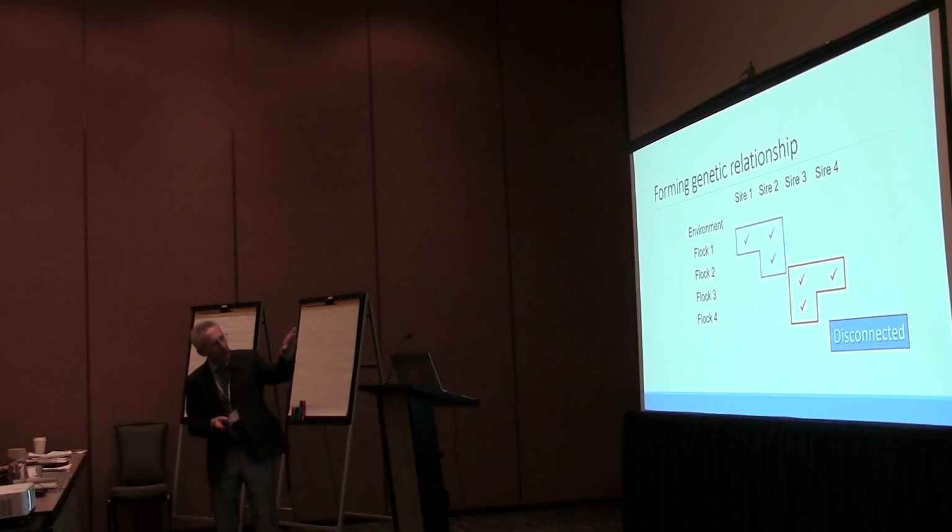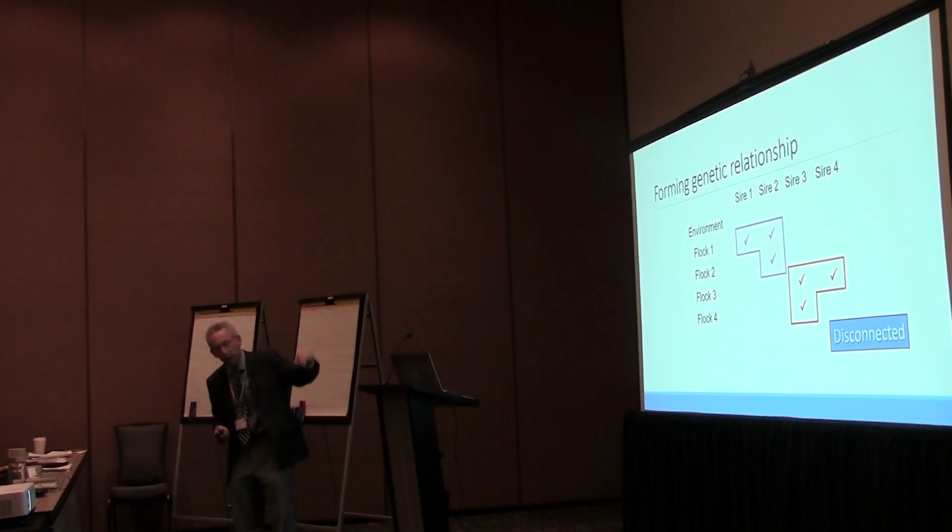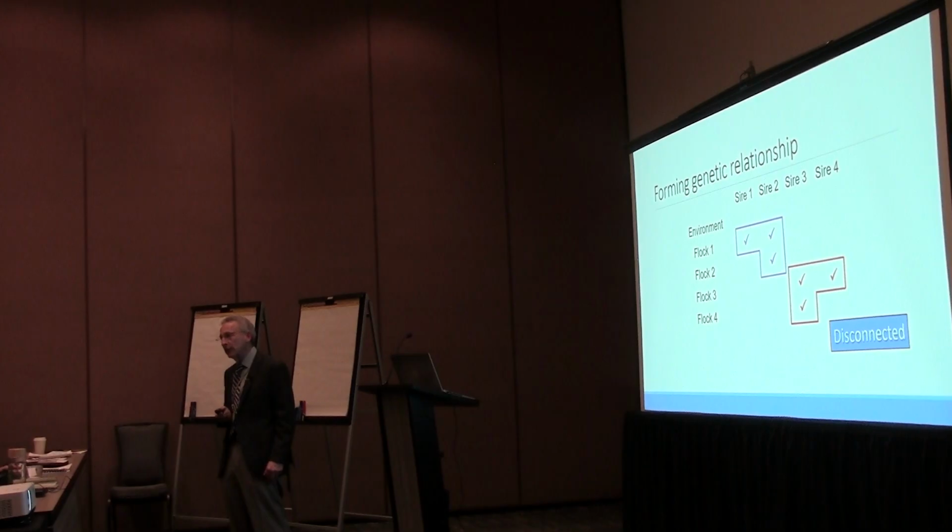So if it turns out that a pair of sires happen to fall into a pair of flocks that don't perform as well environmentally, their phenotypes are going to be worse, no fault necessarily to them genetically, than perhaps a pair of sires that are in a more highly managed or a stronger environment. It becomes very hard then to disentangle whether the differences among those sires are genetic or are they simply the flip of the coin that they found them in a better or worse management group.